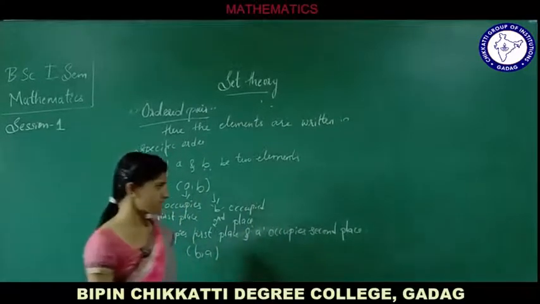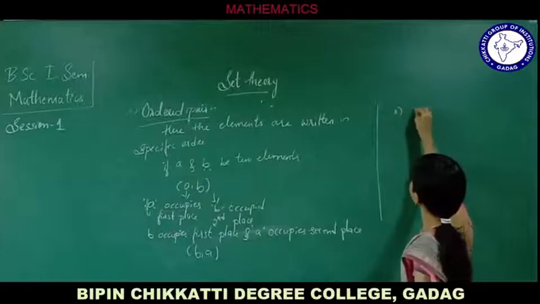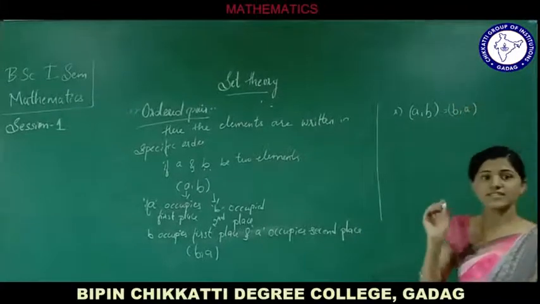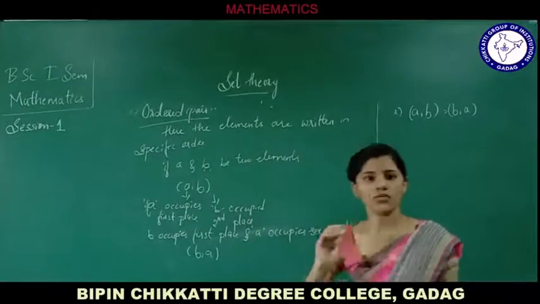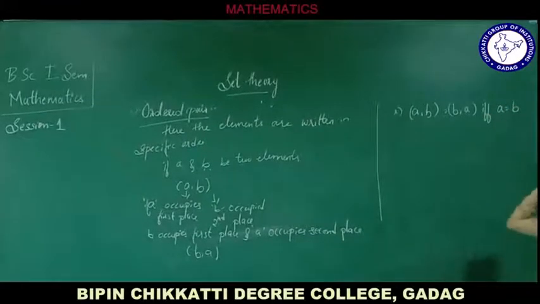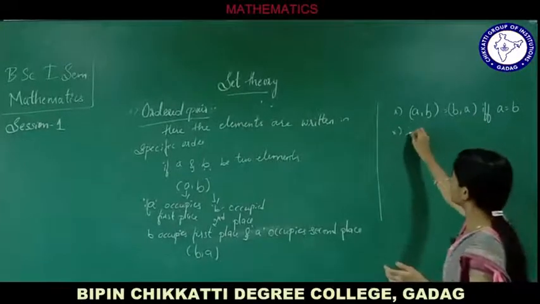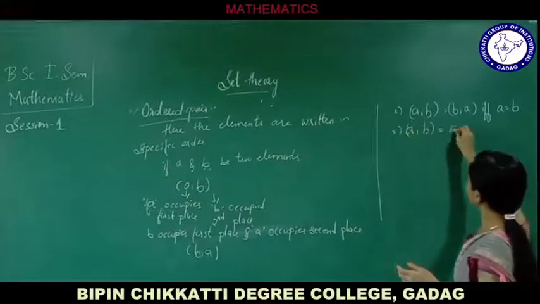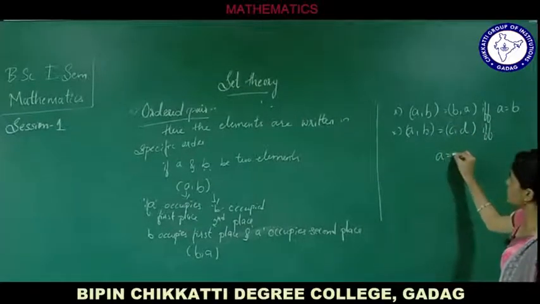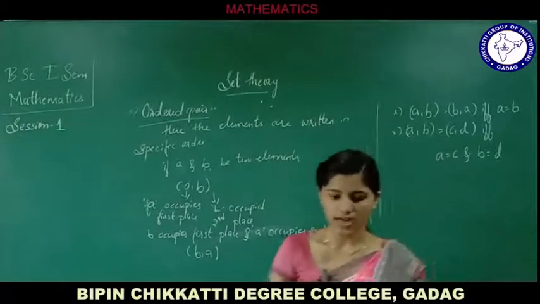Before going to the Cartesian product, I am going to explain that sometimes A comma B will be equal to B comma A. This is possible only if A is equal to B. And the second thing is that A comma B will be equal to C comma D only if A is equal to C and B is equal to D. Now let us move to the Cartesian product of two sets.